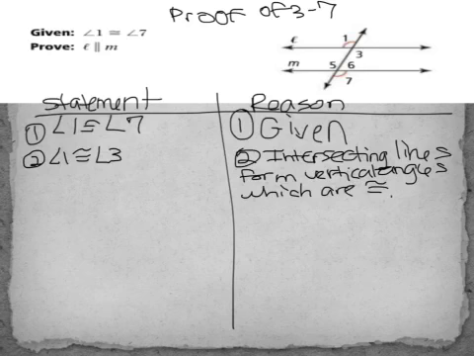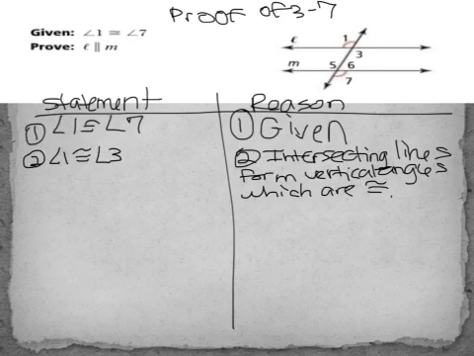If you feel like you're not going to remember that, then separate it into 2 steps. Separate it into saying angle 1 and angle 3 are vertical angles, then saying that they're congruent. But if you can remember all of this, then you can combine the 2 steps.